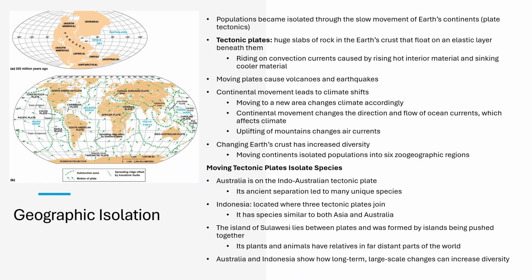So plate tectonics also plays a very important role in the process of evolution. We know that plate tectonics, the slow movement of Earth's continents, has isolated populations. Some of those plate tectonic movements have caused volcanoes and earthquakes, which isolated some populations, and the subpopulations after isolation have evolved differently.